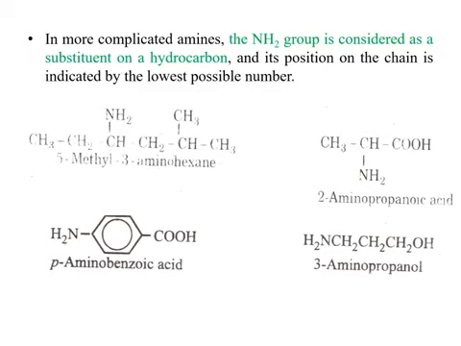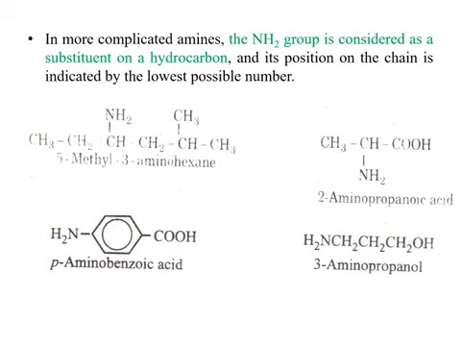Similarly, in the second example, there are two functional groups. One of them is carboxylic acid, and the other one is the amino group. For competitive functional groups, the reactive functional group is considered as part of the parent chain.